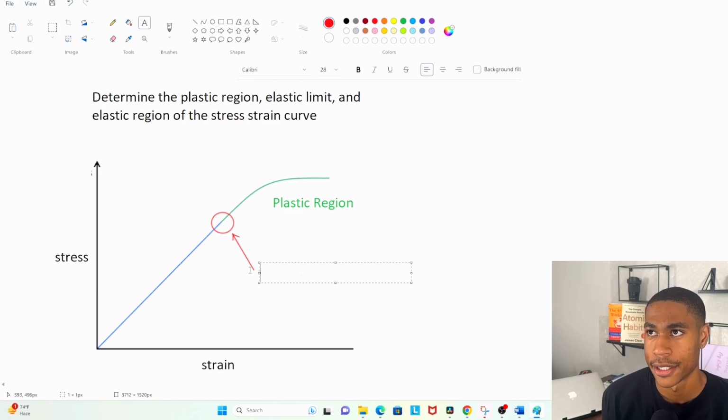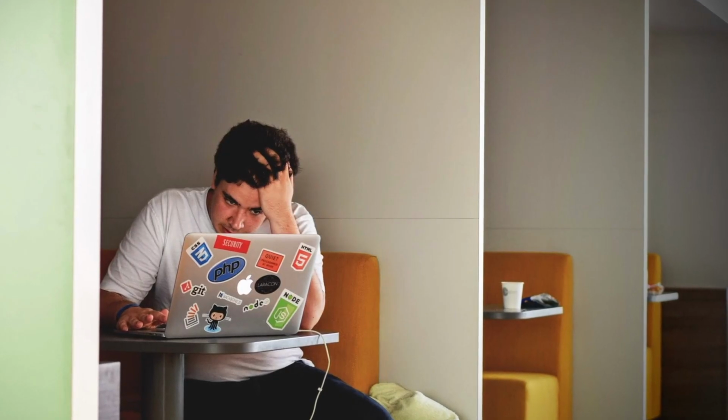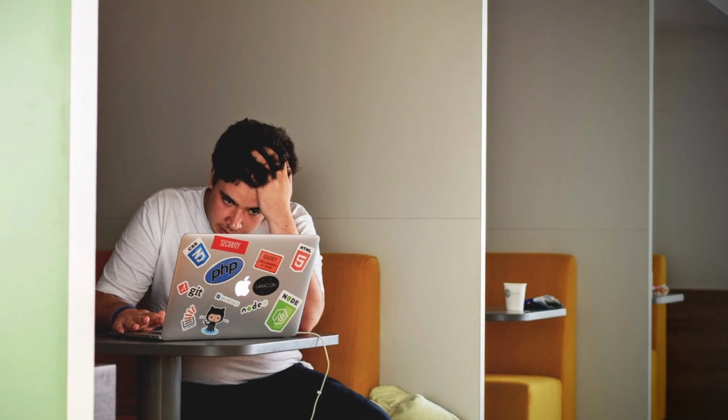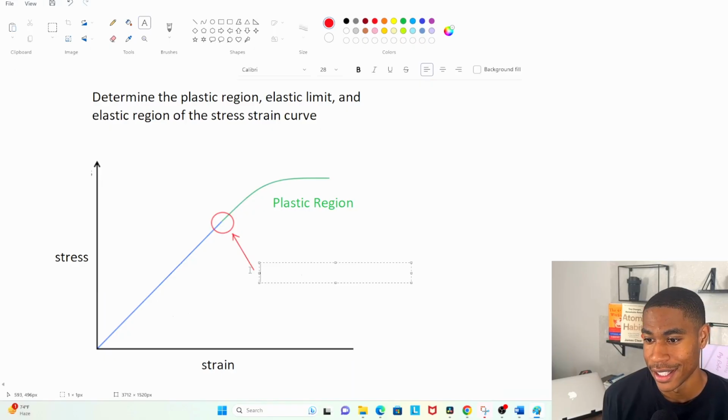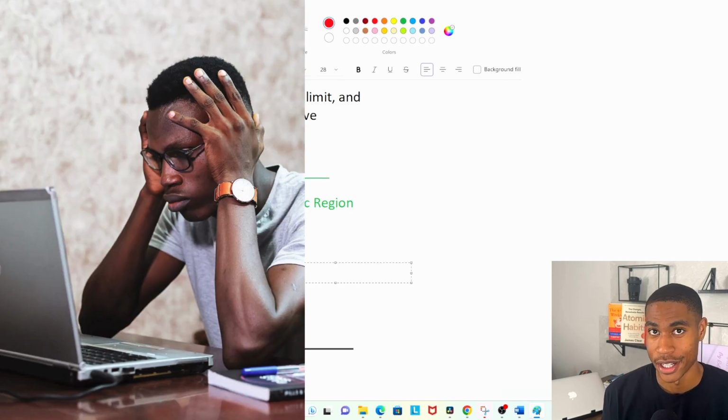It's kind of like if you are under a bunch of stress at school, and at some point they keep throwing on a ton of work, more work. At a certain point, you have an elastic limit, a limit where it's going to be too much work.